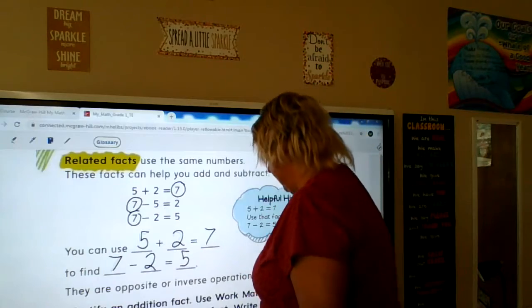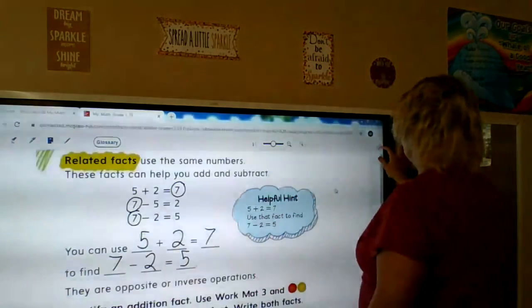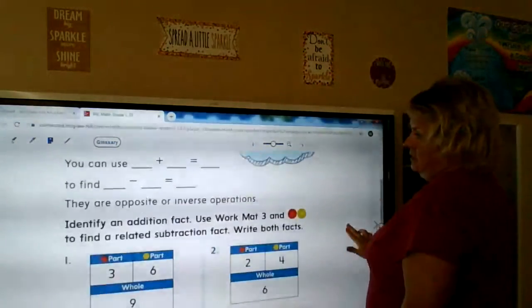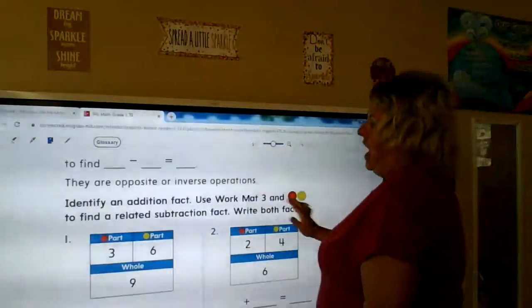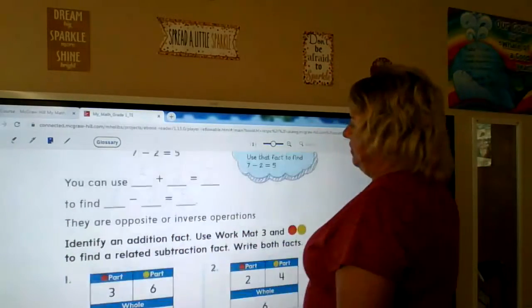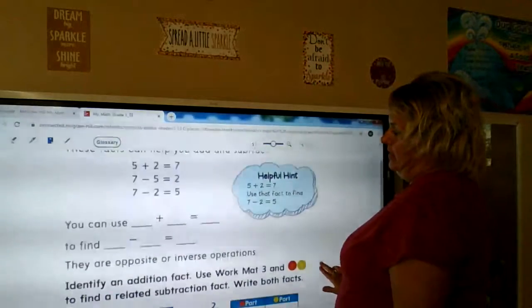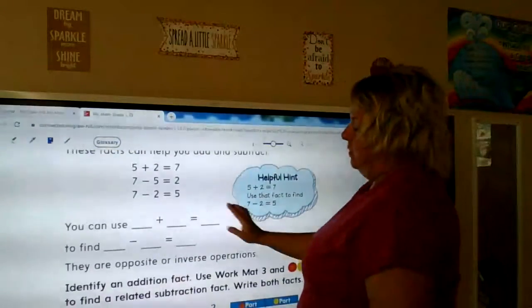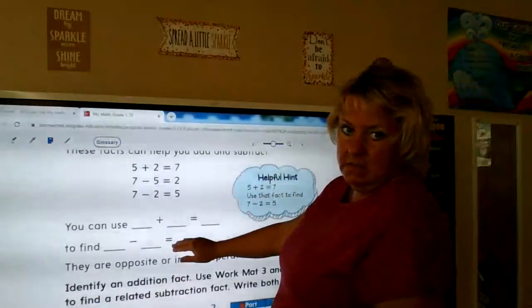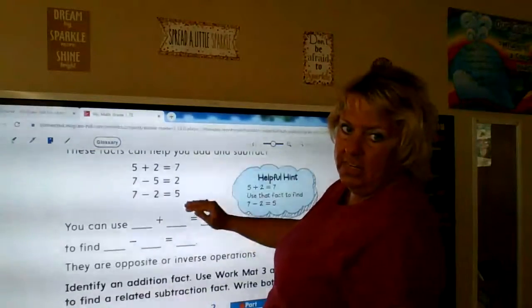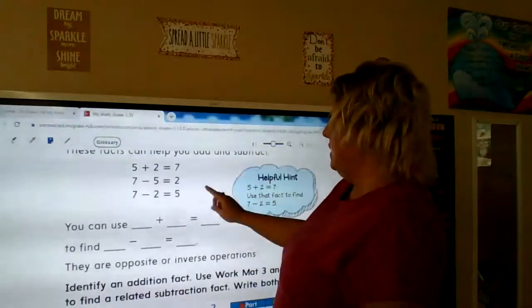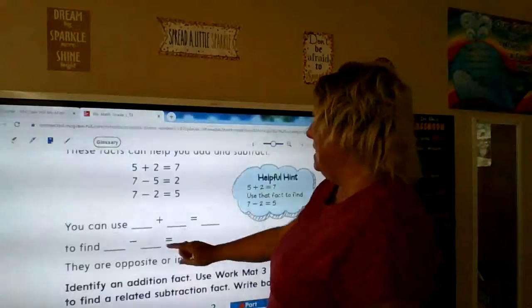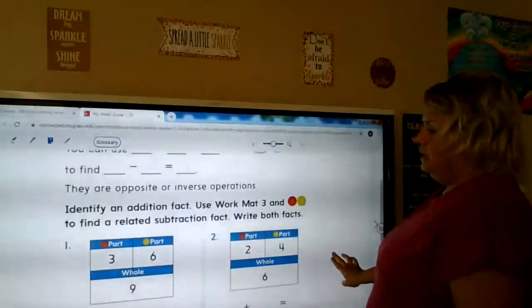Yep, the 5. They are called opposite or inverse operations. So we did the opposite, or we did inverse operations. Here we added, here we subtracted.